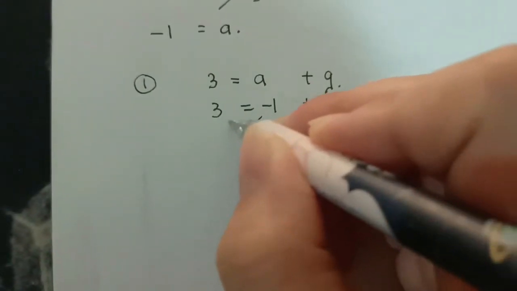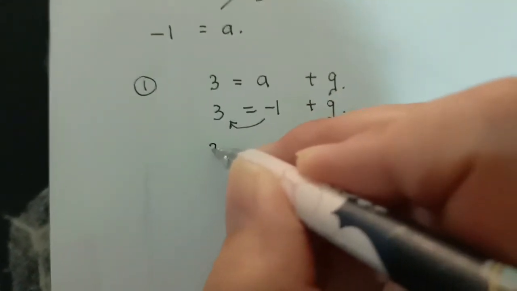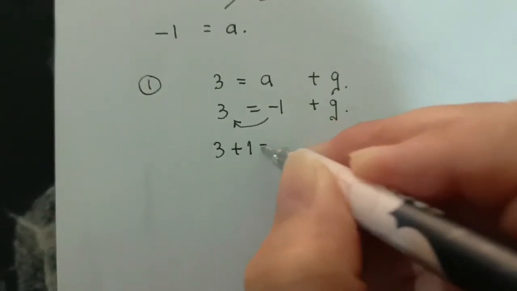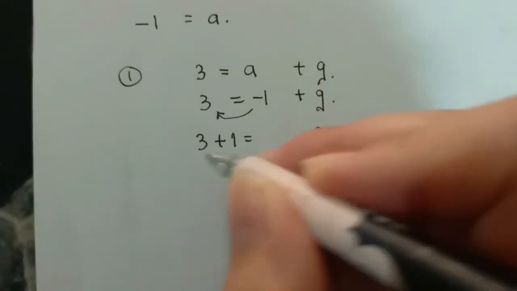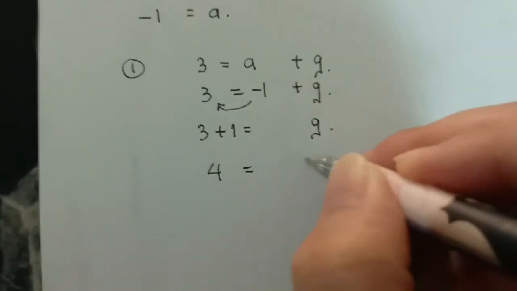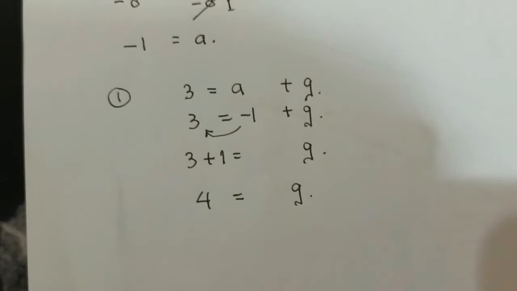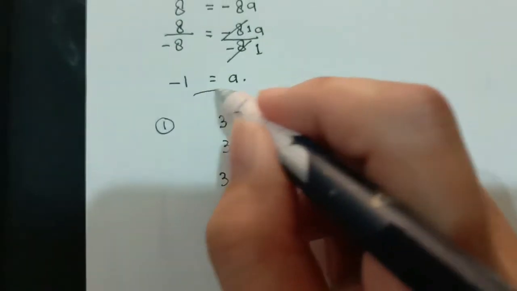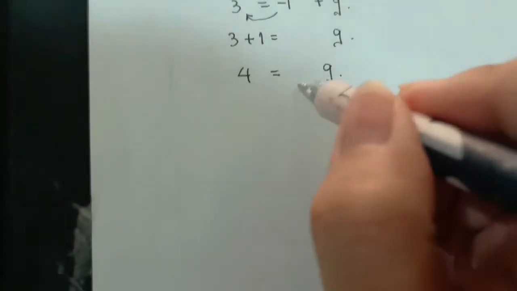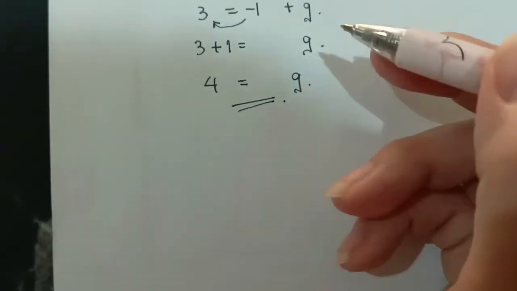We move the 1 over here, so 3 + 1, the minus becomes plus, equals q. 4 = q. So now we have the value for a and the value for q.